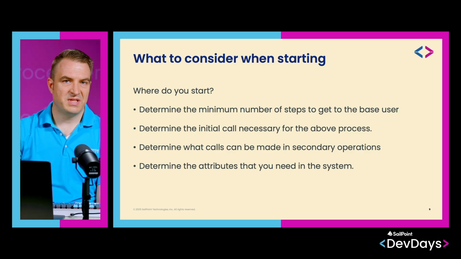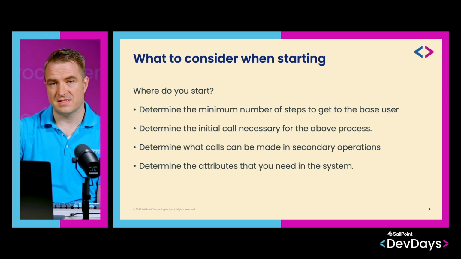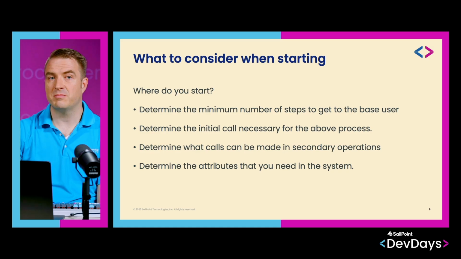You need to determine the initial call. We talked about that already. That is where you say, okay, this is how I'm going to get there. You can then look at the calls and decide, maybe some of those calls that you think are part of the flow may actually be considered secondary operations.